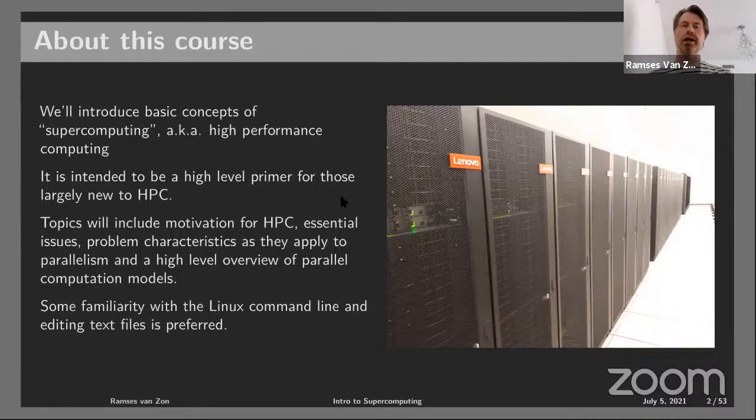We will talk about why people want to do supercomputing, also known as high-performance computing, how that changes things, and why that isn't just getting a more powerful computer and running things on there. As I said, supercomputers run on Linux, or at least some flavor of Linux, so we will have to work on the Linux command line, at least a little bit.